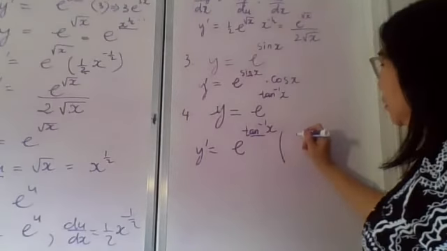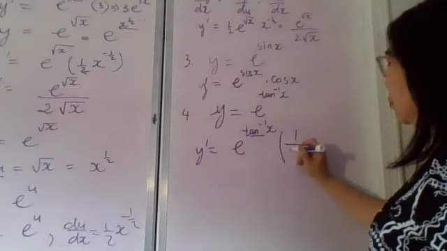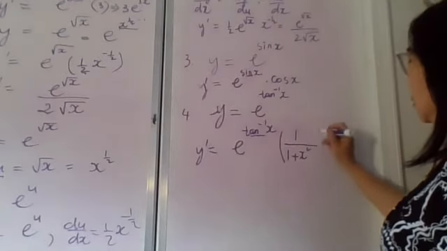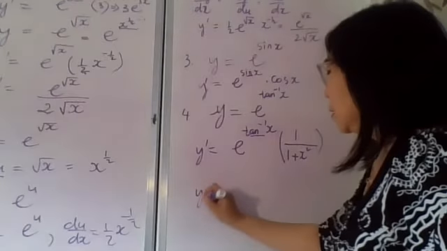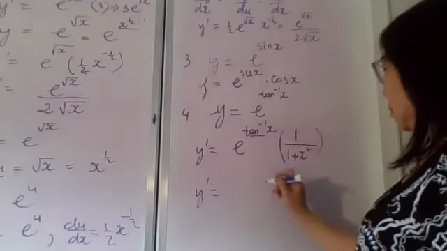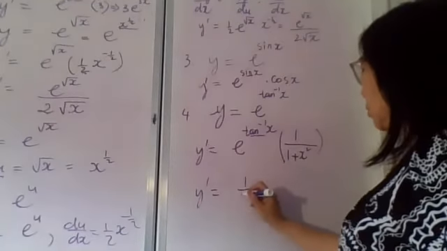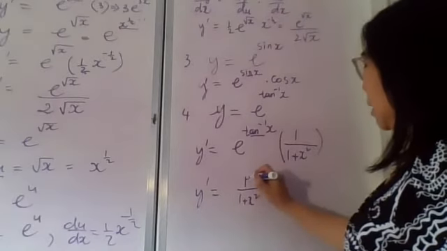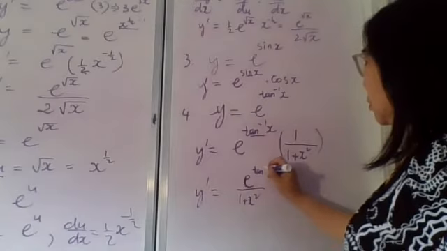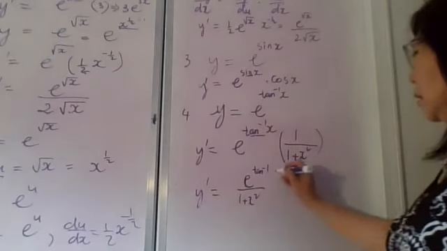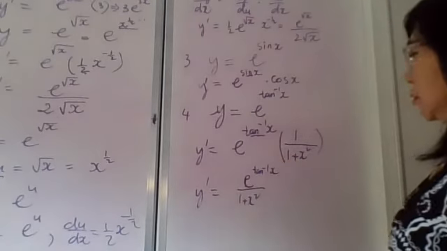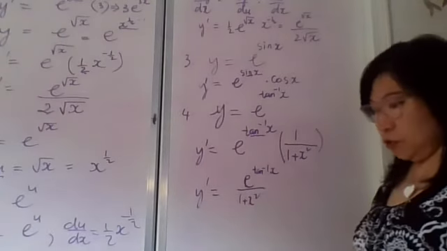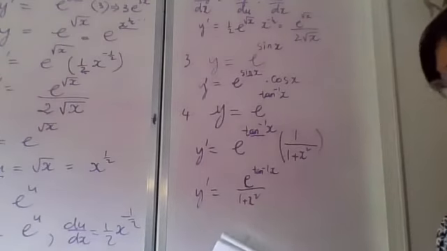The formula for the derivative of inverse tan x is 1 over 1 plus x squared. So now we can put this in front, 1 over 1 plus x squared, and on the top, we write e to the inverse tan x. So that's the answer. You can use substitution for u as well, but I don't think we need it, right?